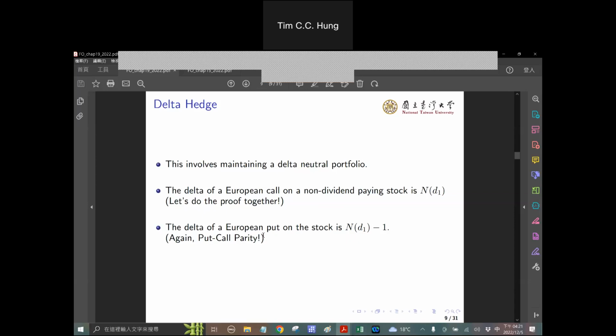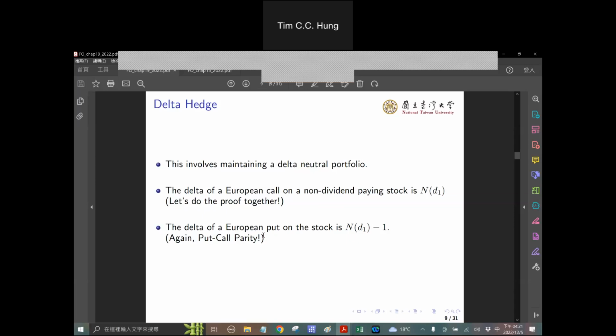So lastly, let's write it on the right hand side. Let's do d1 and d2. We know that d2 equals d1 minus sigma square root t. So what do we have?